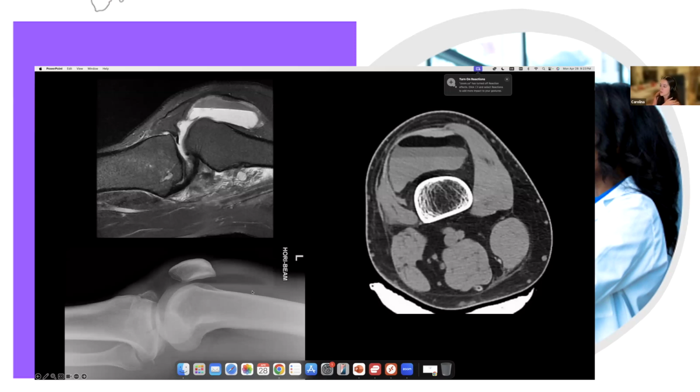This effusion most likely also has some blood products. We see here that it's not just 2 densities, it's a little bit like 3 densities. So some blood products, a little bit of articular or joint fluid. So we have a little bit of everything. So the horizontal beam is very useful for this kind of thing. Fat floats upwards, then fluid will remain down, and you get these fat fluid levels.